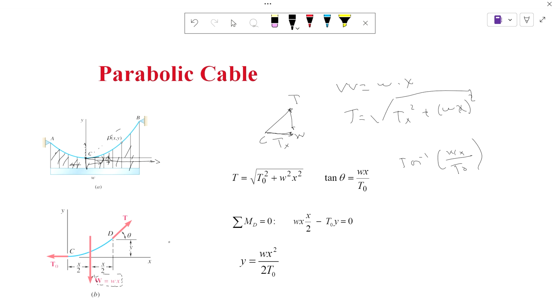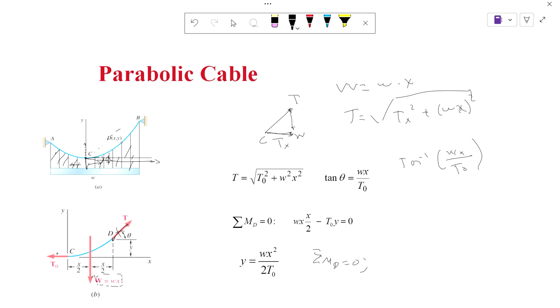And then if you need to find a distance, then that's where you do your moments, because the moment is force times distance. So with a moment you can find distances. So if you say again moment at D, this is cancelled. So let's do summation of moments at D equals 0. We're trying to replicate this.